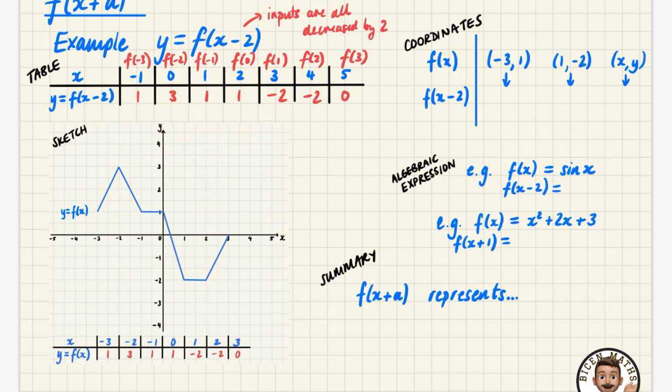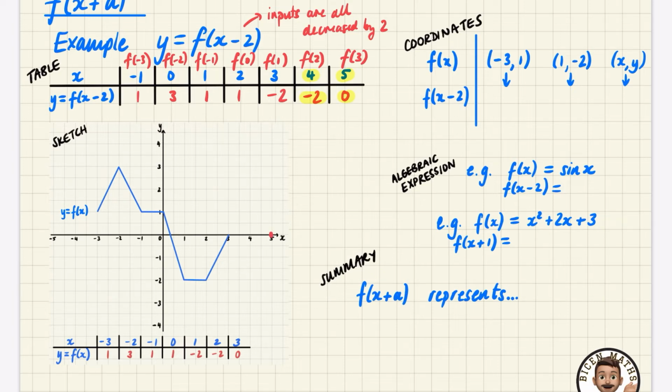Now when we plot this graph, I'm not going to be plotting the minus 3 and the 1, the minus 2 and the 3, because if you do, you're literally just going to end up with the same graph as before. So the things that I'm going to be plotting will be the 5 and the 0, the 4 and the minus 2, etc. I'm going to start with this end because that's where I seem to have started before. So the 5 with the 0 would be over here.